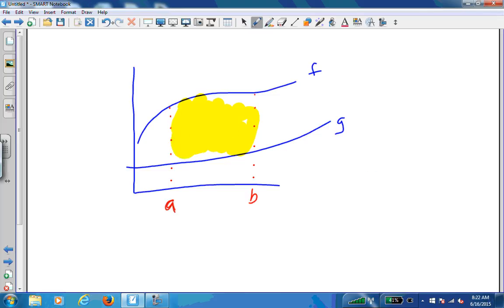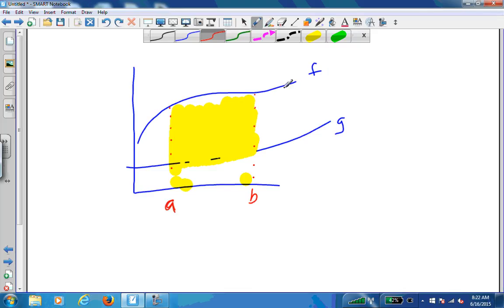then notice if we were to find all of this area, and then we were to find this area, then the area between the curves is the yellow area minus this part. We want to get rid of that part because that's not in between them.